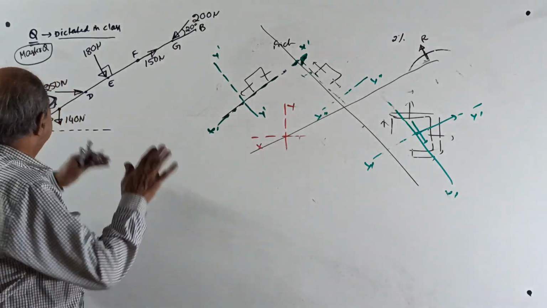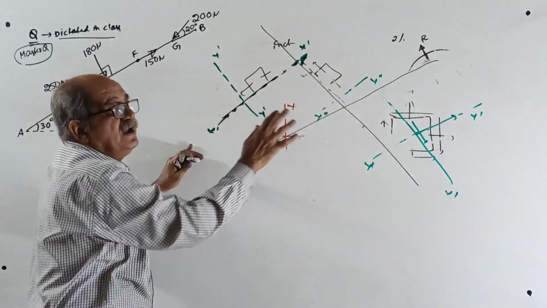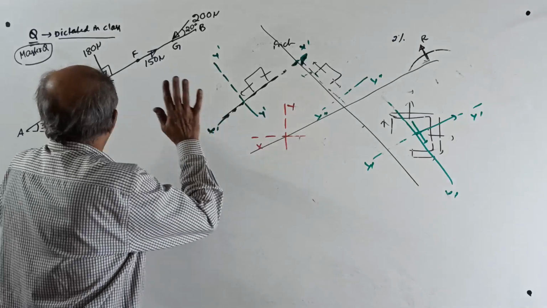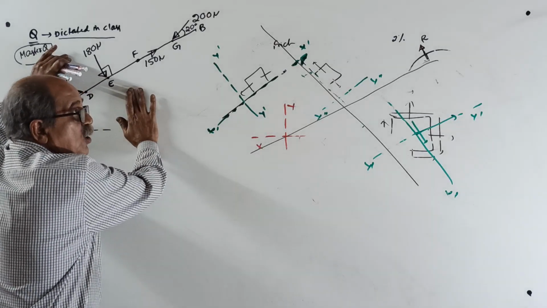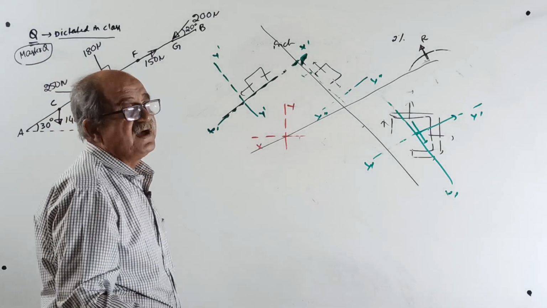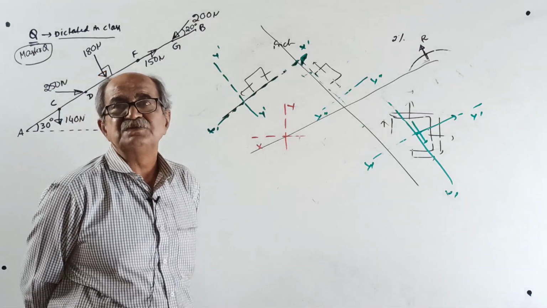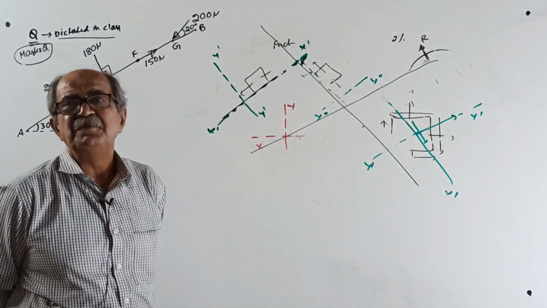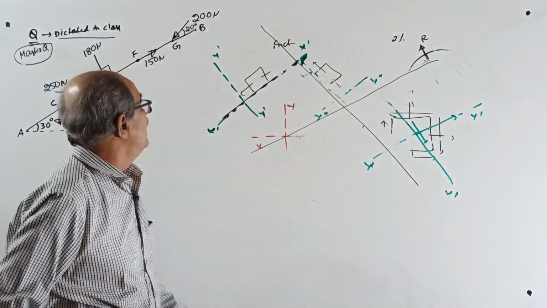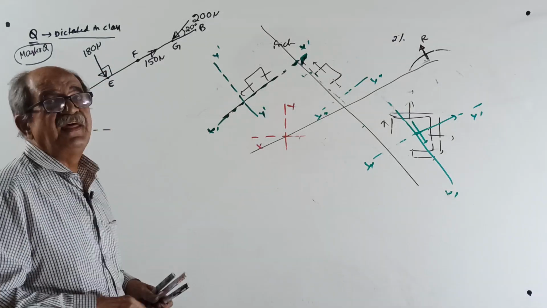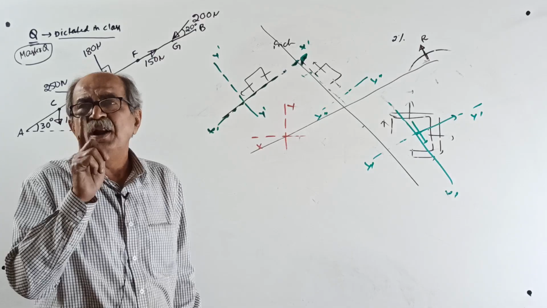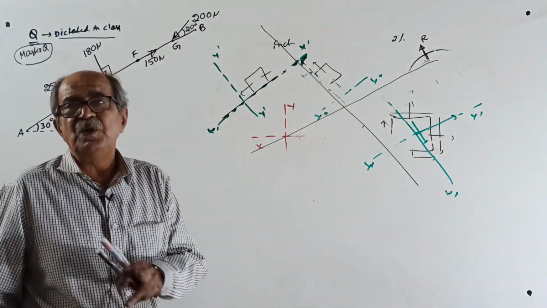After I explain a little portion here, for this question I will not calculate these components in the class. You know what happened in the last class: a small calculation mistake. And here there is a check at the end. If I make one calculation mistake, the check will not be satisfied.